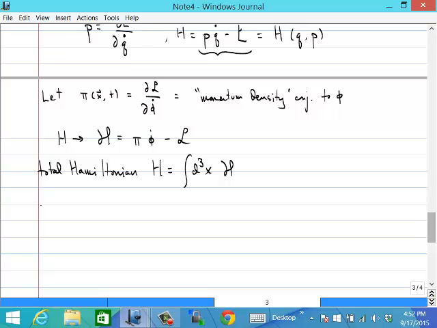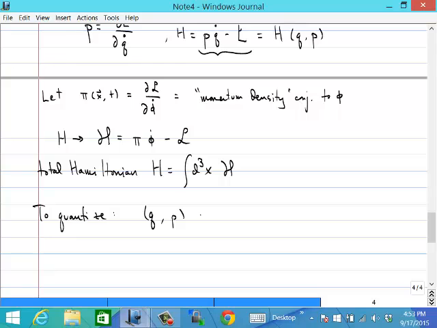So to quantize the system, what do you do? Well, when you quantize a system where you have a dynamical variable q and some conjugate momentum p, you promote those to operators. So often they're denoted q hat and p hat, which obey a fundamental commutation relation.